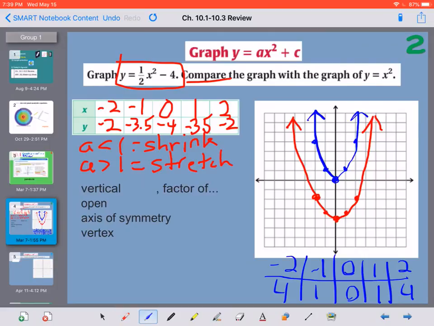In this case, our A is 1/2, which is less than 1, so this is going to have a shrink, and it has a factor of 1/2. This one opens upwards. The axis that cuts this in half is x equals 0. And it has a vertex, or the lowest point, of 0, negative 4.